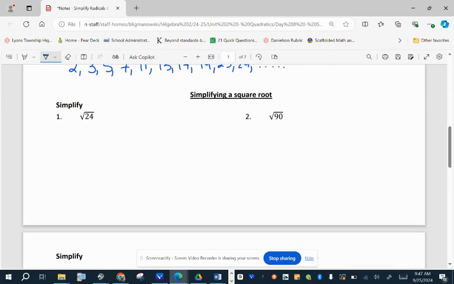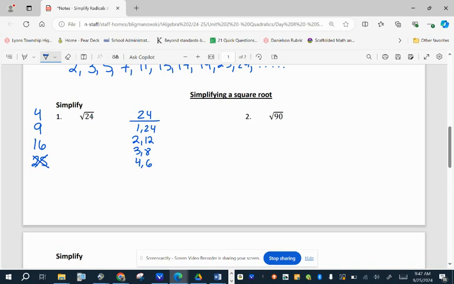So when we go to simplify a square root, I need to think about all the factors of 24. The factors of 24 are 1 and 24, 2 and 12, 3 and 8, 4 and 6. Then I want to find the factor that is the biggest perfect square. I'm going to list my factors up to 16, because 25 is too big.